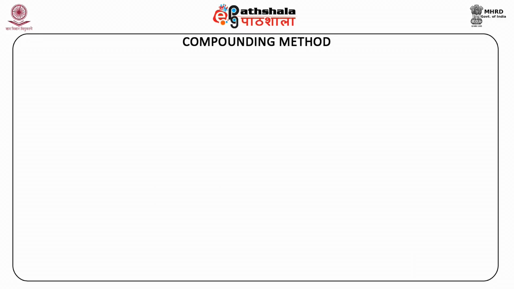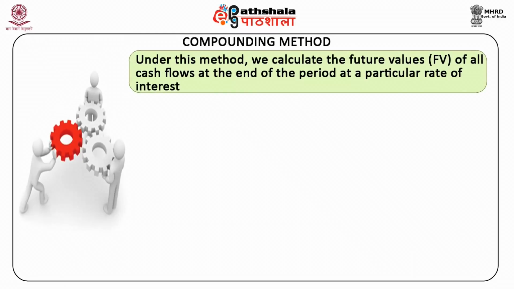First method we discuss is compounding method. Under this method, we calculate the future value, in short FV, of all cash flows at the end of the period at a particular rate of interest.